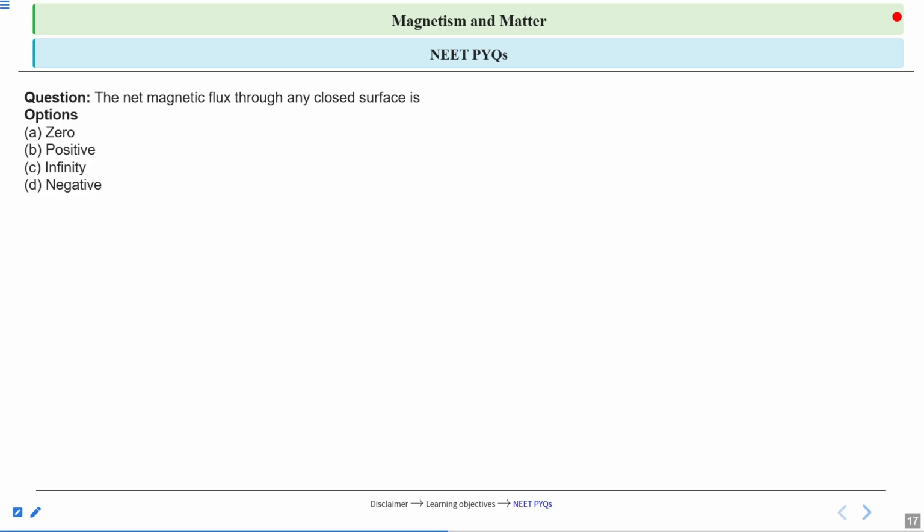Net magnetic flux through any closed surface is: options are 0, positive, infinity or negative. Very easy question, so I will give you some time, think about it.